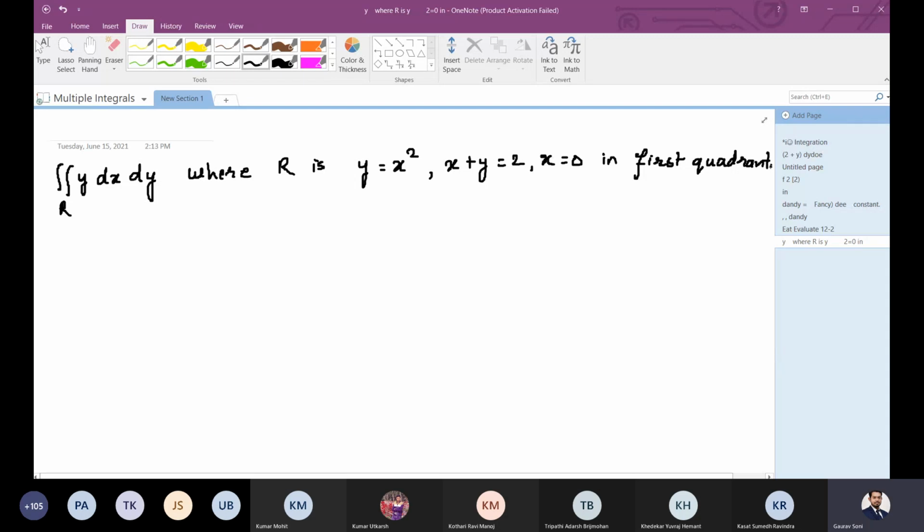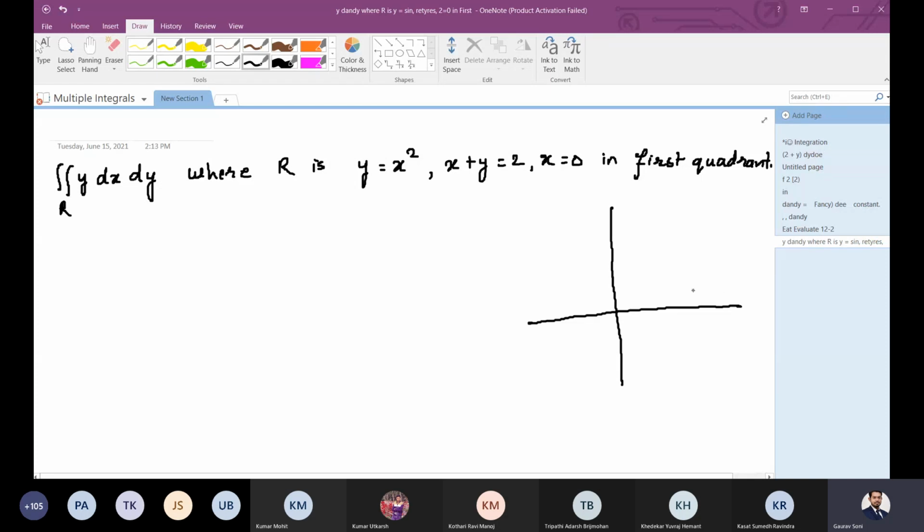As we saw in earlier examples, we had the limits given to us. But now the equations are given, we need to actually draw the diagram first, and then we need to give the limits. Later that will be solvable.